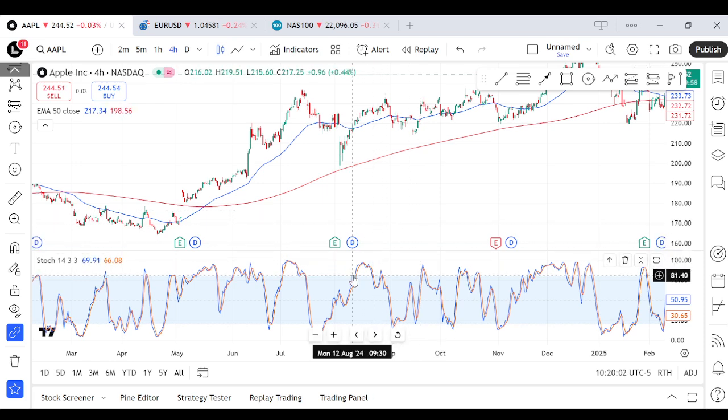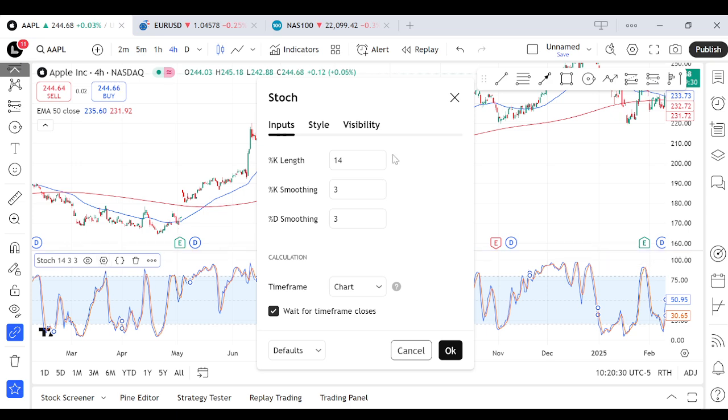Now, this momentum indicator helps us spot potential reversals and continuation patterns. When price reaches extreme levels, the stochastic alerts us to possible trading opportunities. When the stochastic crosses below 10, it indicates that the market is oversold, signaling a potential buying opportunity. In this case, we are using 20 and 80. I'm just going to edit this.